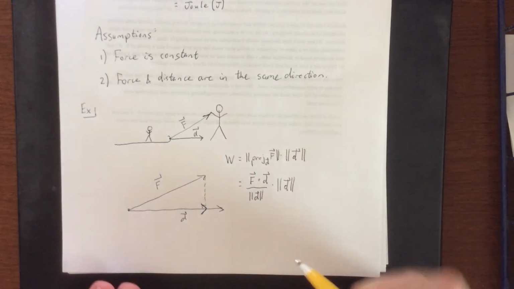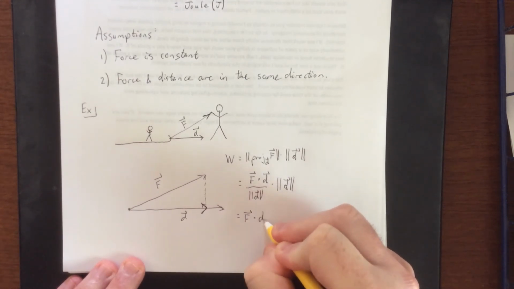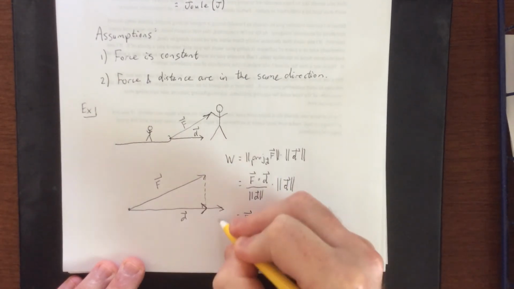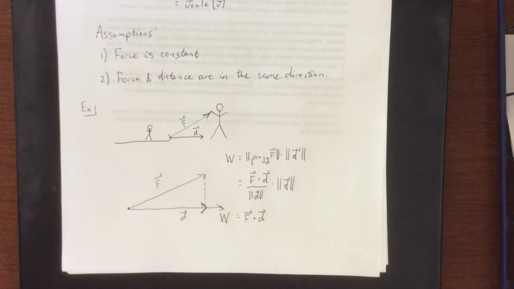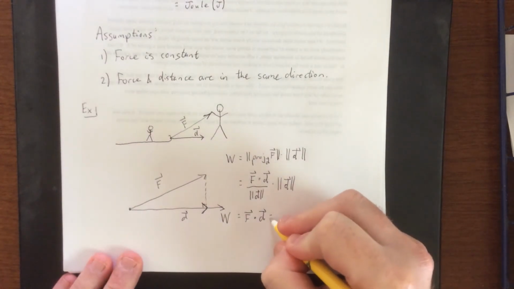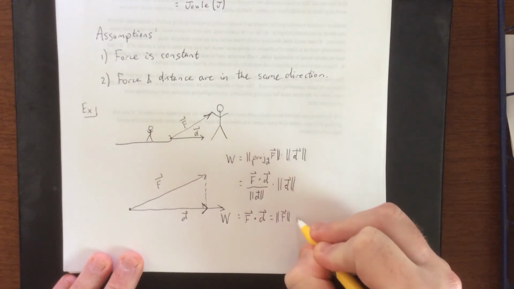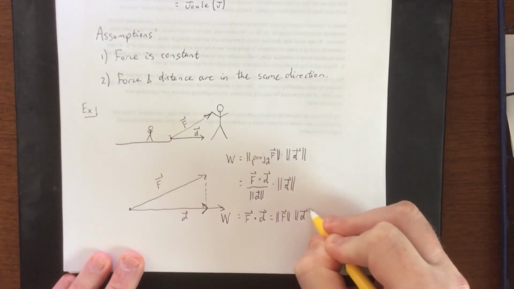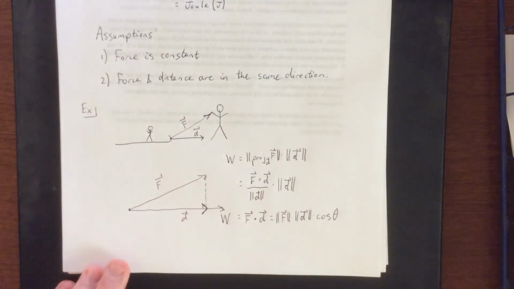The magnitudes of the displacement vectors cancel out, and we wind up with the force vector dotted with the displacement vector. Now, we also have several helpful formulas from throughout the section, but something that I do want to point out is that if you happen to know what the angle between them is, then you can also apply this version of the dot product to calculate what your work is.